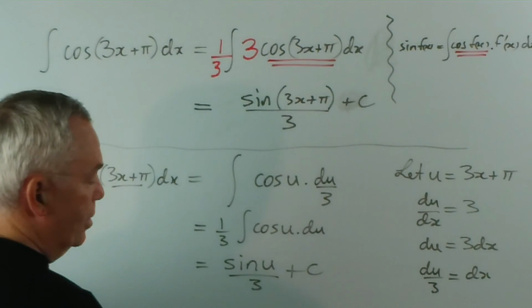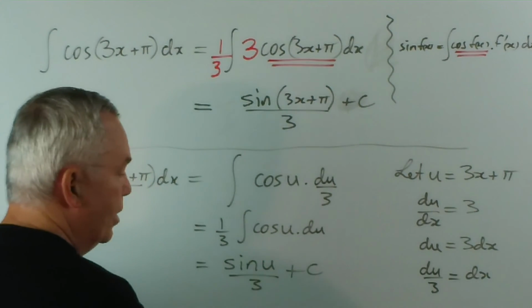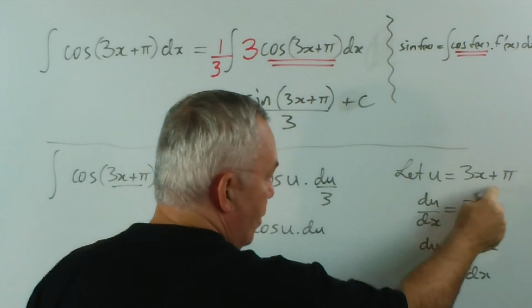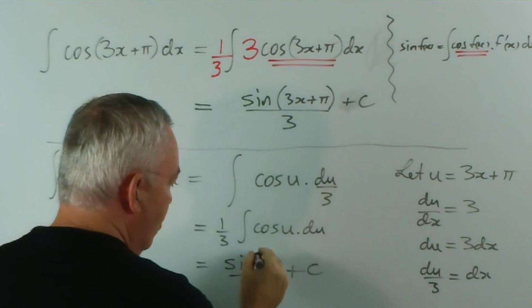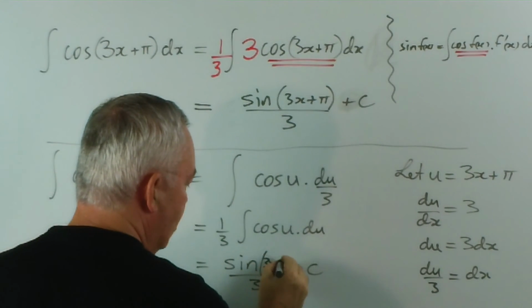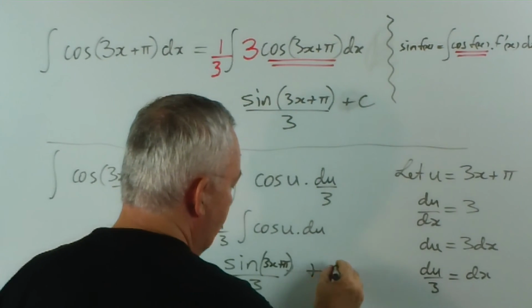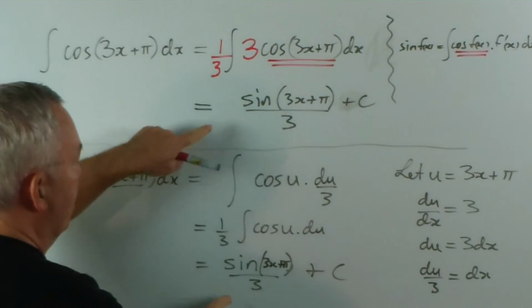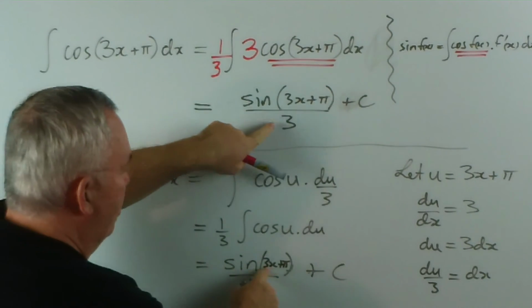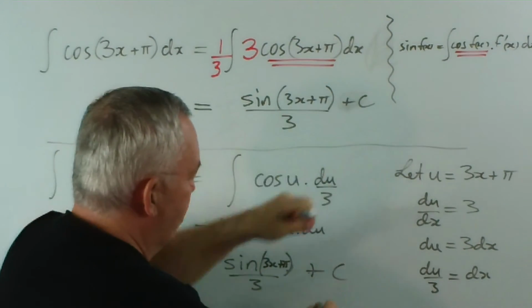U was 3x plus pi, so I can replace that with 3x plus pi. Let's move the plus c over. And you can see we have the same result, sine 3x plus pi over 3 plus c.